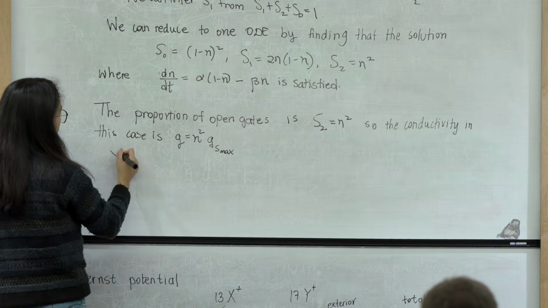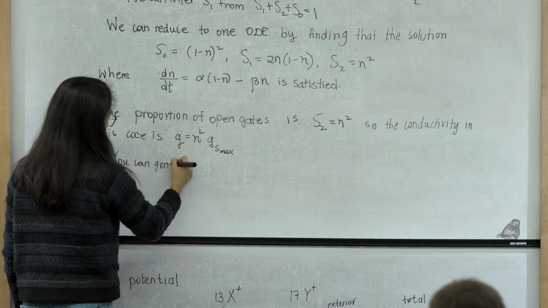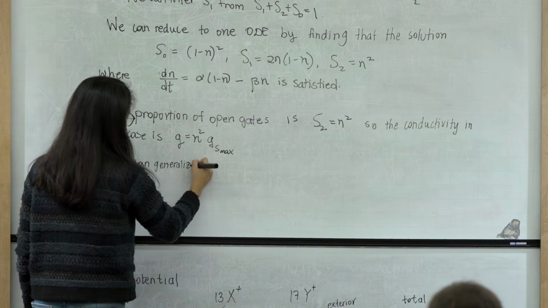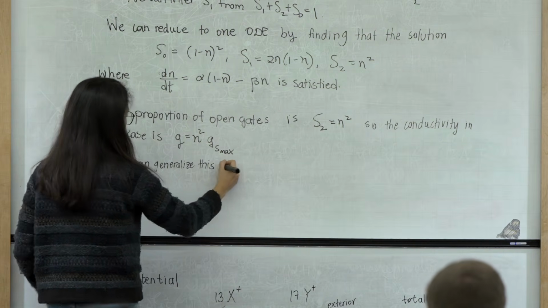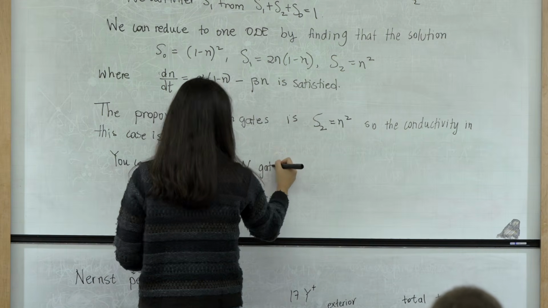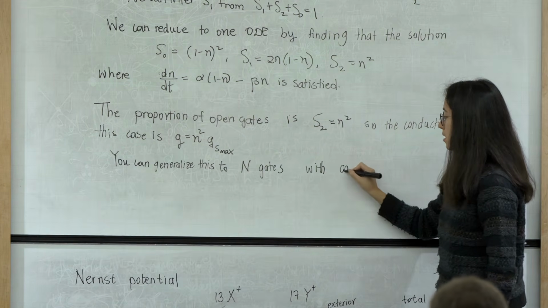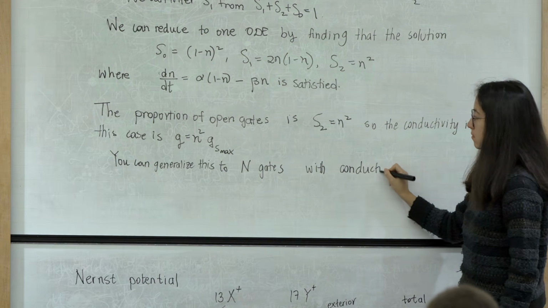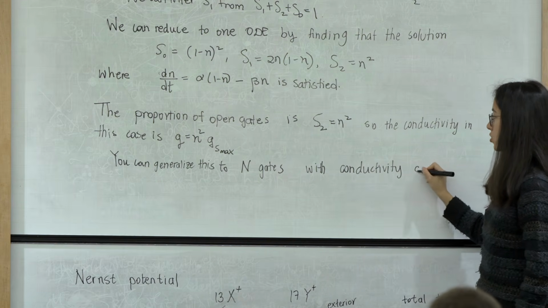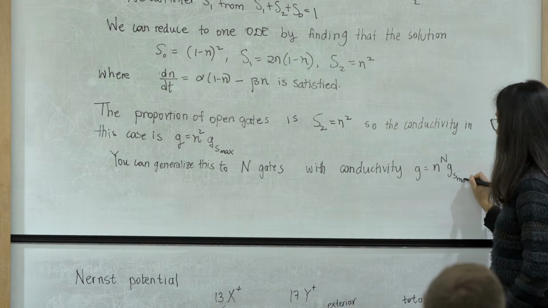So you can actually generalize this to the case of n gates, where the conductivity in that case would be G equals n to the n, G max.